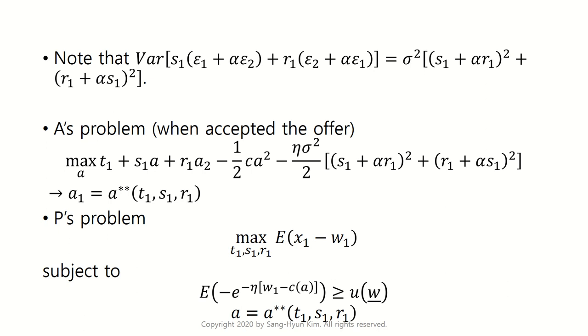That's something that we already know, right? Because the workers are symmetric, they are identical in every aspect, so the optimal contract for those two must be symmetric, identical. So that's why we just consider x1 minus w1, ignoring the other terms like x2 minus w2.